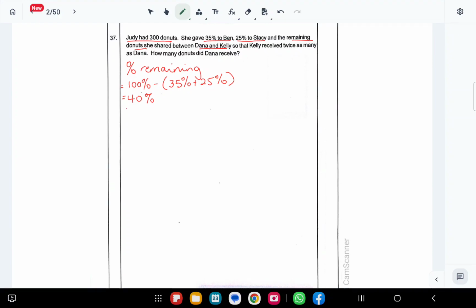Now we want to find out how many donuts this 40% represents. Now to calculate the number of donuts that the 40% represents, it will be 40 percentages out of 100, 40 over 100, multiplied by the total donuts, which is 300 over 1.